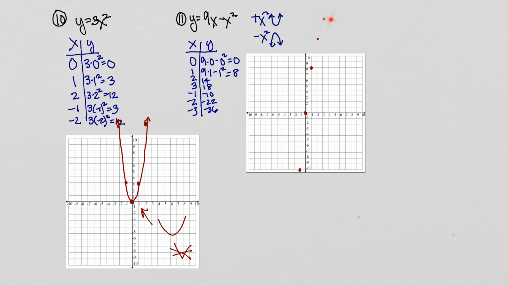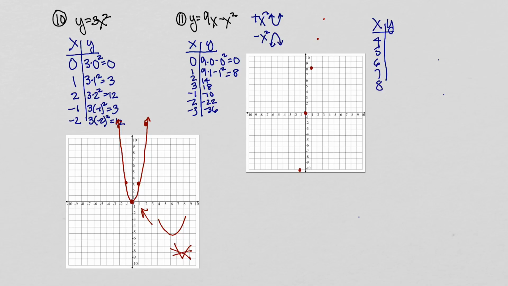So why don't we get a few more positive numbers over here and have it turn around so we can see where it comes down over here. So I'll continue our table up here. And let's put in maybe 4, 5, 6, 7. Just see where that takes us. Maybe even an 8.